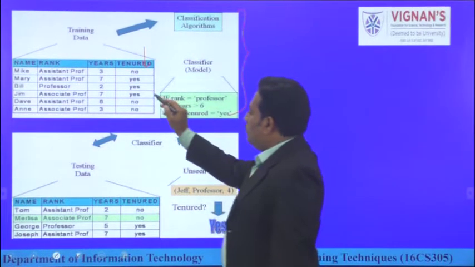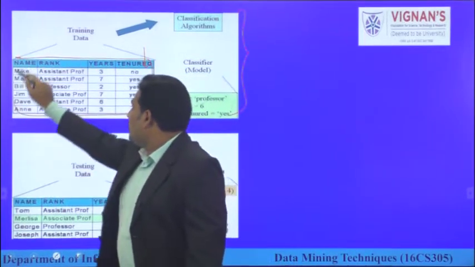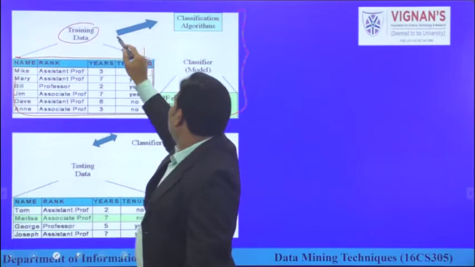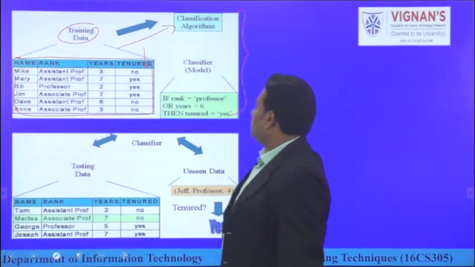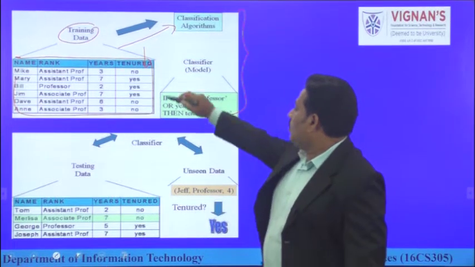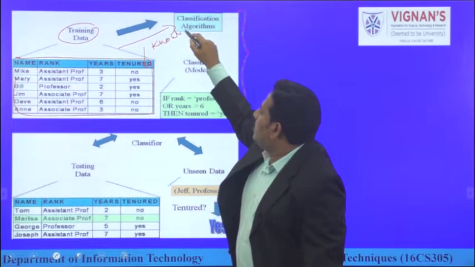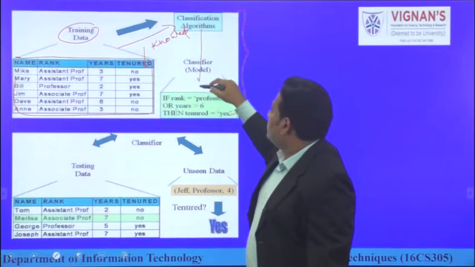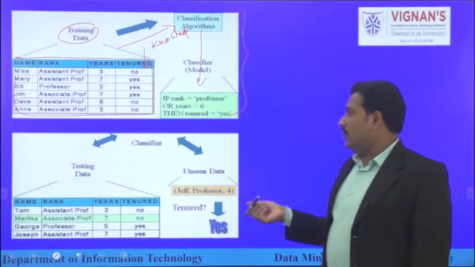Here we have data with some class label. This data we are taking as training data and we are applying it to the classification algorithm. And after extracting knowledge from this training data, the classification algorithm is ready to apply on any unseen data.